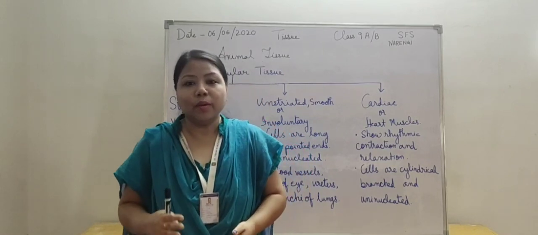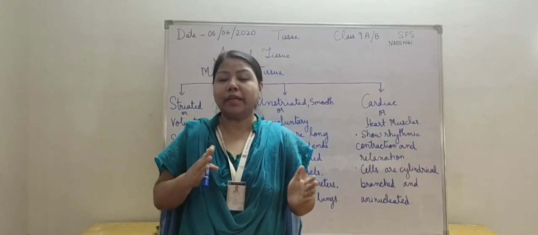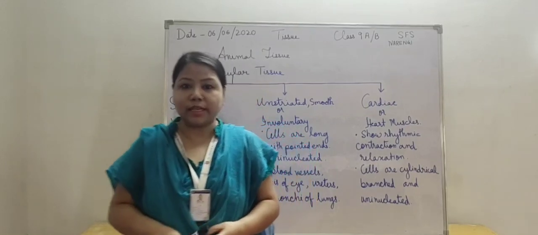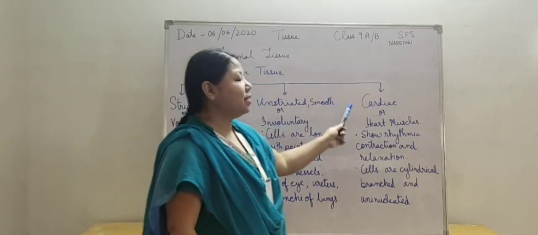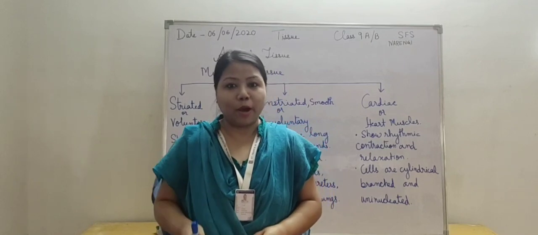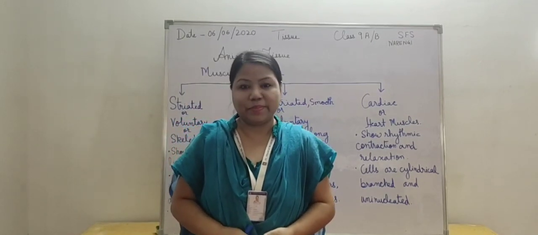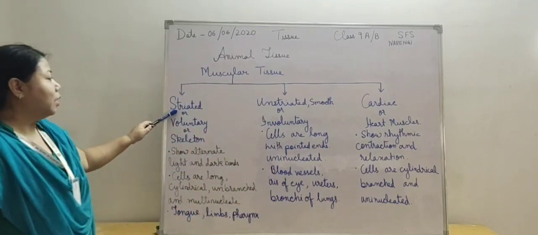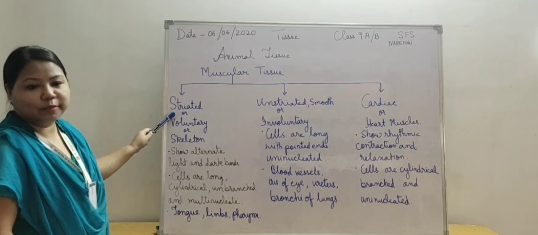Fine. Now, the muscular tissue we can categorize into three types, that is striated muscles, unstriated muscles and the cardiac muscle. So, let us discuss all the types of muscular tissue in detail. The first type of muscular tissue is striated muscles.